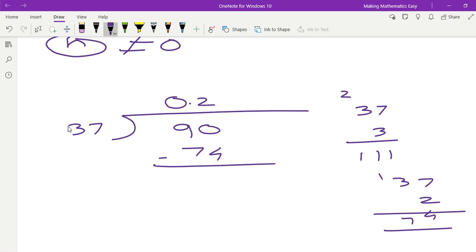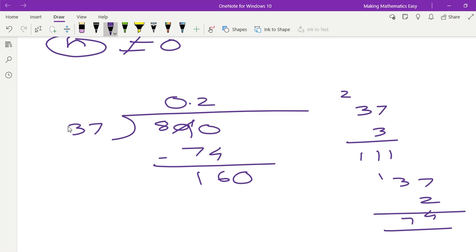Once we subtract this, we need to take 1 from 9. So this will get cancelled, this will become 8, and this will be 10. Now 10 minus 4 is 6, and 8 minus 7 is 1. Once we have solved this, we can take a 0 over here, because we have already taken the point.